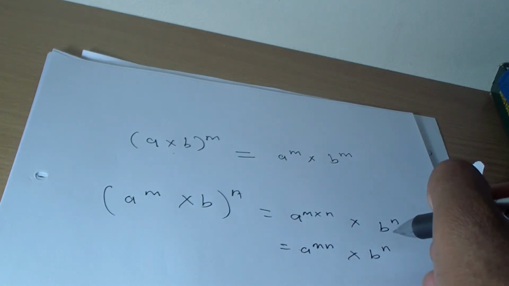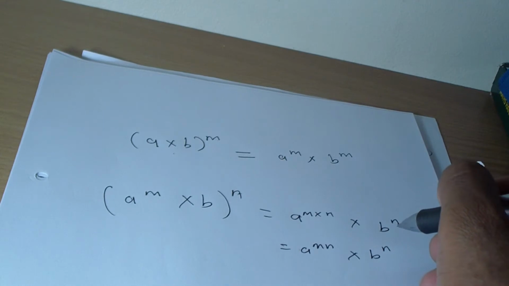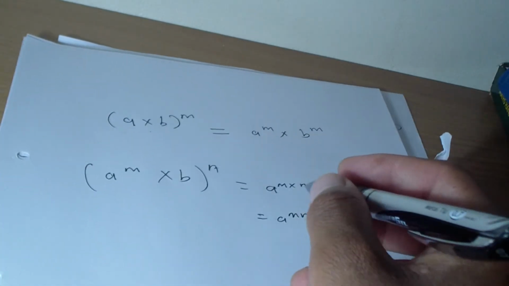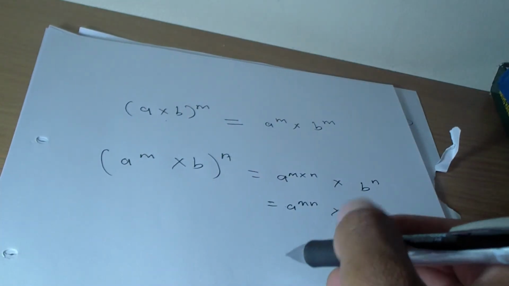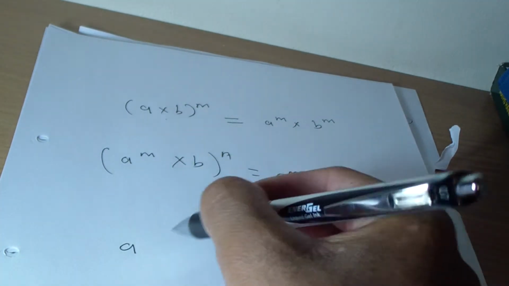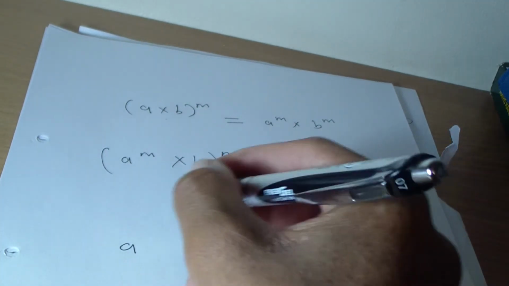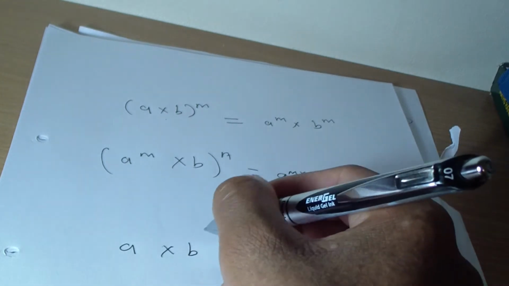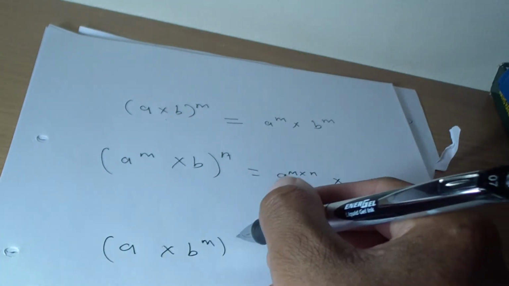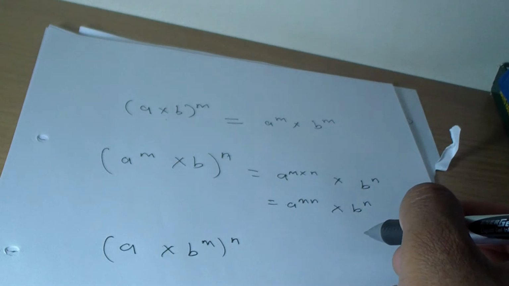Always remember that we can play around with this. I can also rewrite this, or play around with it again and say a to the power m, times b to the power m, everything raised to the power n.